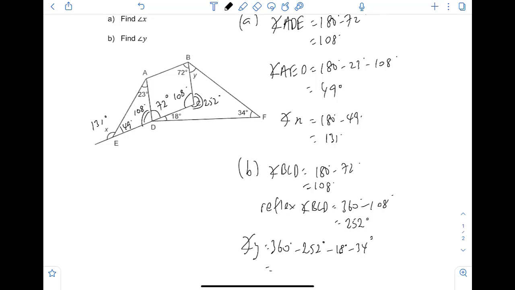Alright, minus 252 minus 18 minus 34, and that'll give us a final answer of 56 degrees for the value of angle Y.